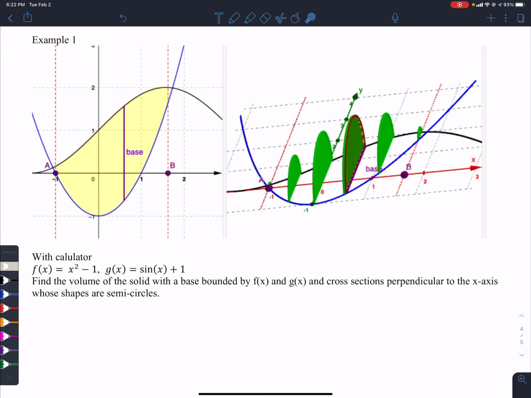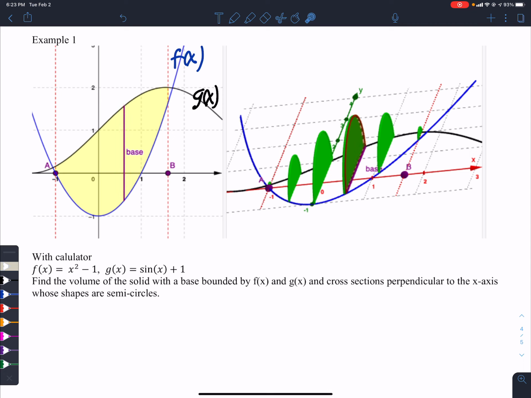We have two functions. This one, we are told it's sine x plus 1. So I'll label that g of x. This is g of x. And the blue function is f of x. So this corresponds to that.